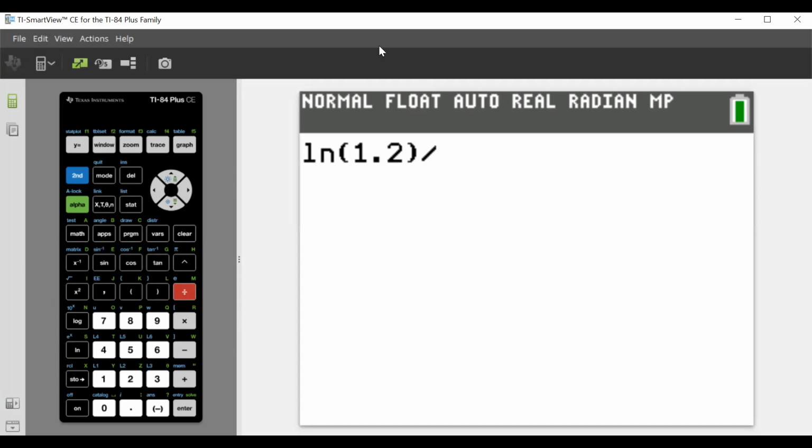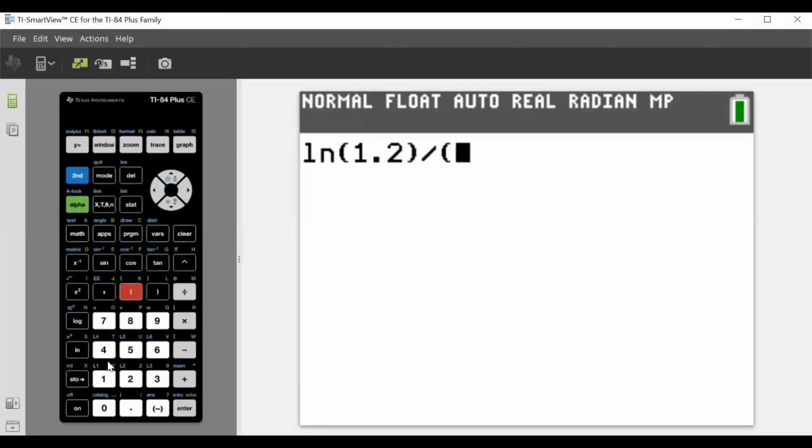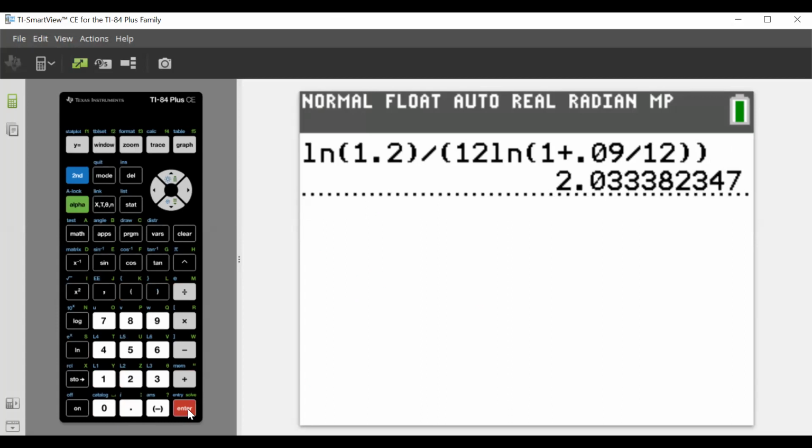I have to go back again, I forgot already. 12 ln, okay, so we have 12, in parentheses 12 ln of 1 plus 0.09 divided by 12, in parentheses, and that should give us our t value. And it looks to be 2.0333. And so that's going to be our value.